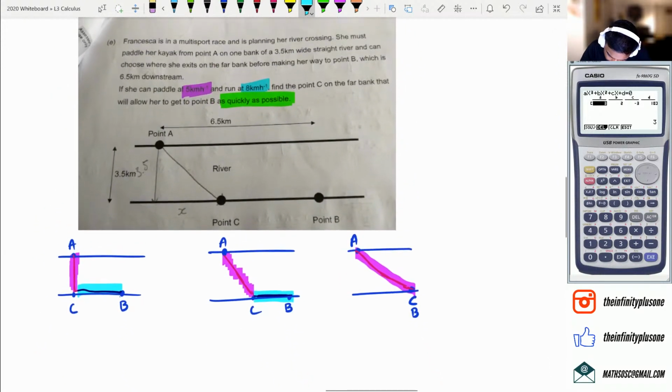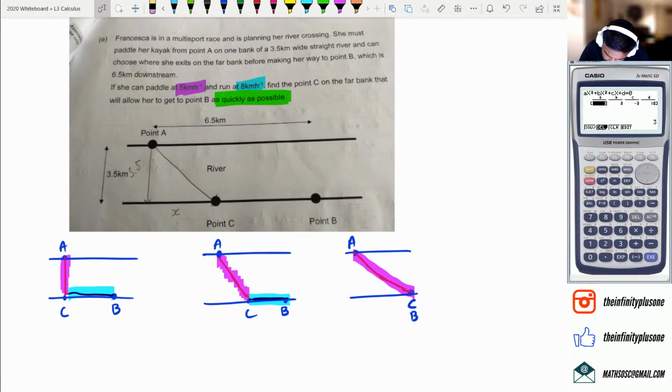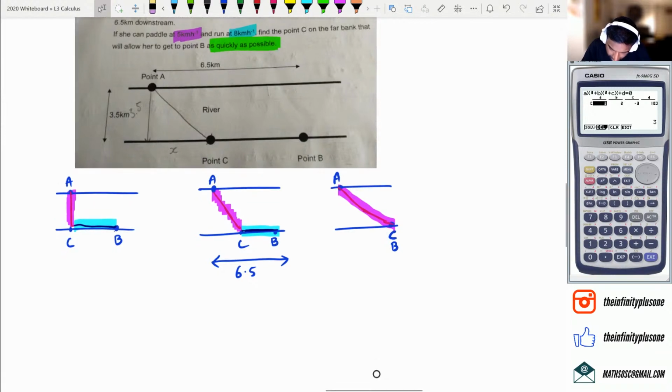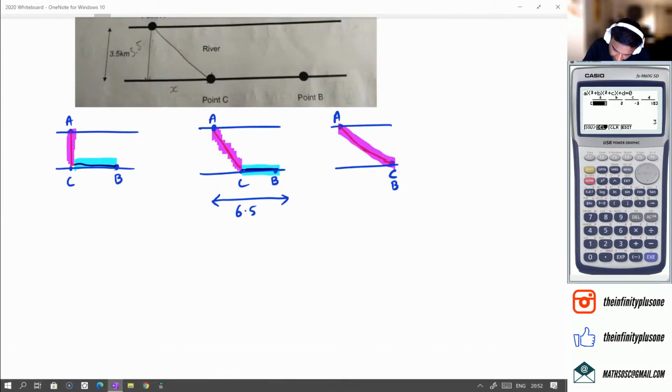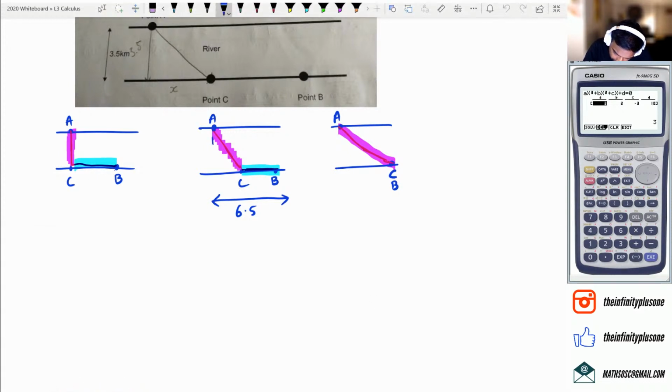Now, if we have a look at 6.5, that is the distance. I'm actually going to be looking at the middle one here. So that distance right there is 6.5. What I'm going to do is use this particular one. If that is 6.5, then the distance from here to here, the orange part, I'm going to put as x.